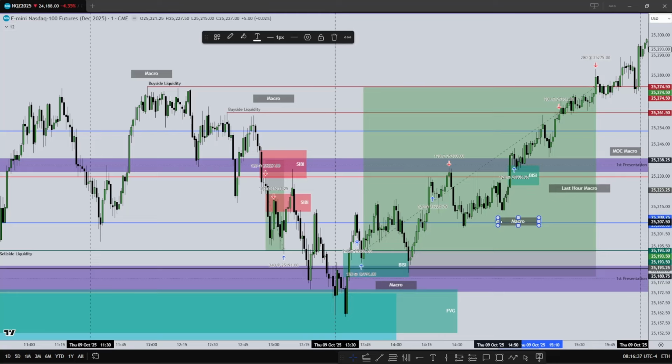We have the 2:50 to 3:10 macro. We have the 3:15 to 3:45 macro. And we have the MOC macro from 3:45 to 4 p.m. So these macros are really, really important and the best thing you can use in the PM session for narrative, for finding the correct movement, the right draw on liquidity. Everything is based on that.